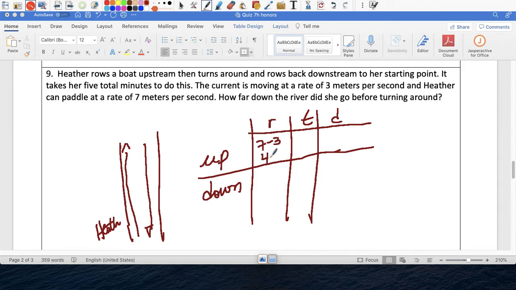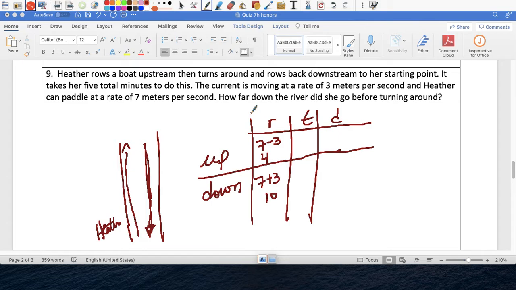So her speed going up is going to be 4. Now, when she's going downstream, she's paddling at 7, but the current is also helping her. So her speed is 7 plus 3, which makes it 10. That's the key thing in this particular question.